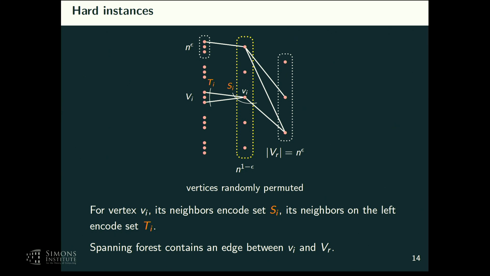For the messages from the middle column, everyone composes a message that depends only on the set S_i, without knowing what T_i is. So if the referee doesn't actually see any message from the right column, essentially he's trying to solve n to the 1 minus epsilon independent instances of a universal relation. For every pair S_i and T_i, there's one such instance.